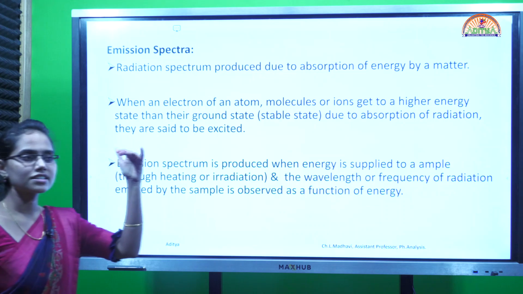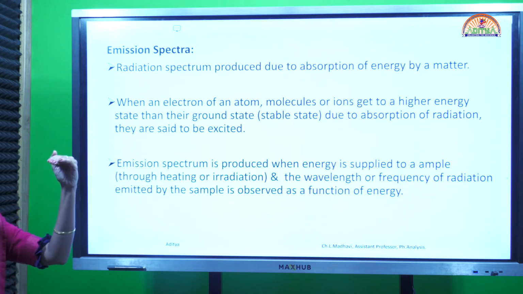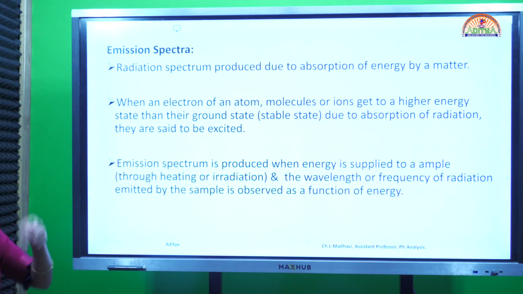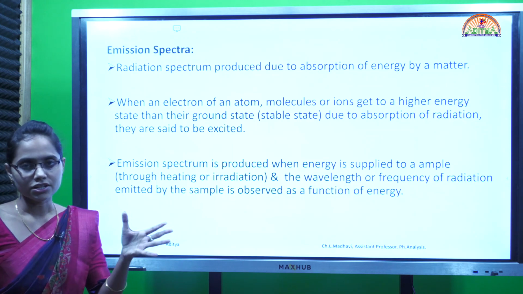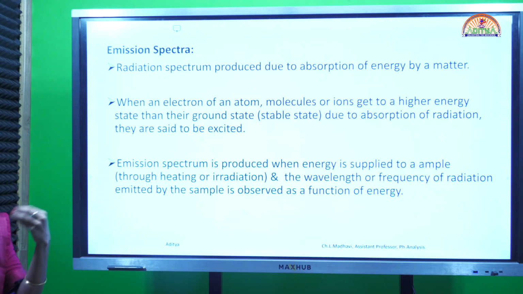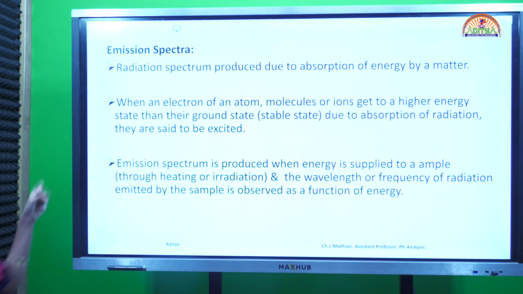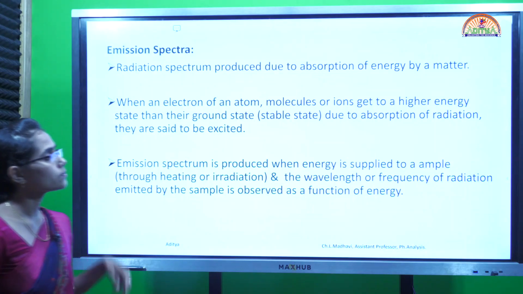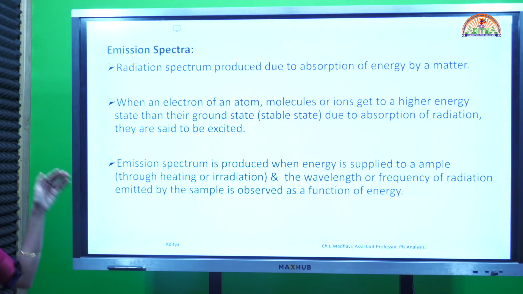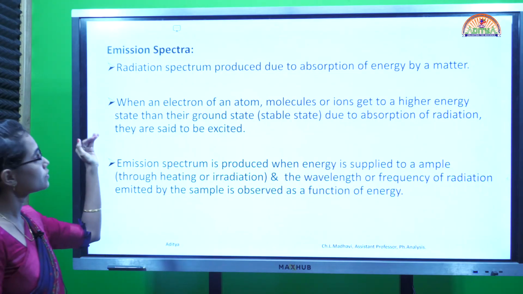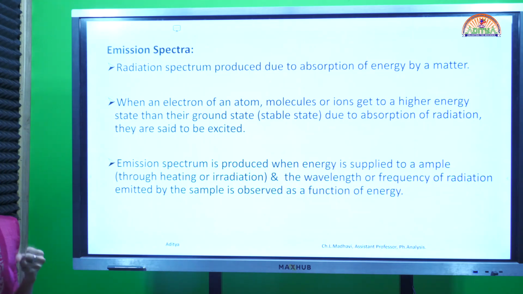As the higher energy states are very unstable, it comes back to the ground state, liberating radiation. That liberated radiation is nothing but the emitted radiation. So the emission spectrum is the radiation spectrum produced due to absorption of energy by matter. To have emission spectra, we first need the absorption of radiation.